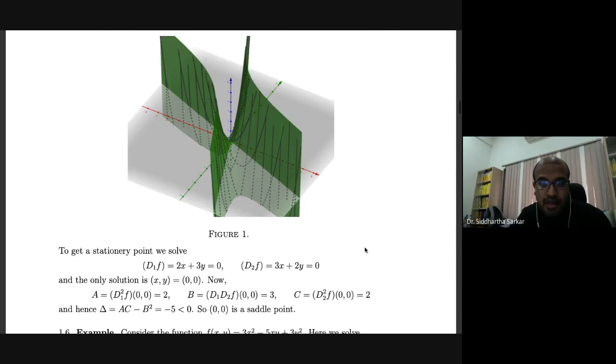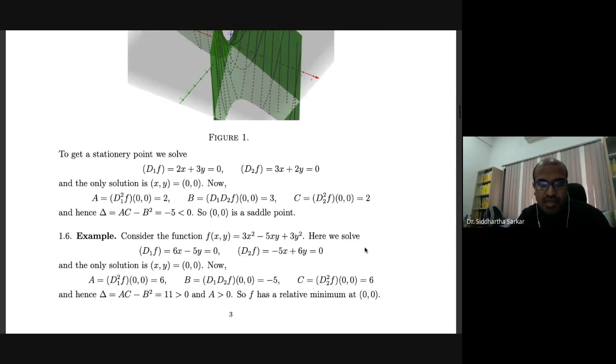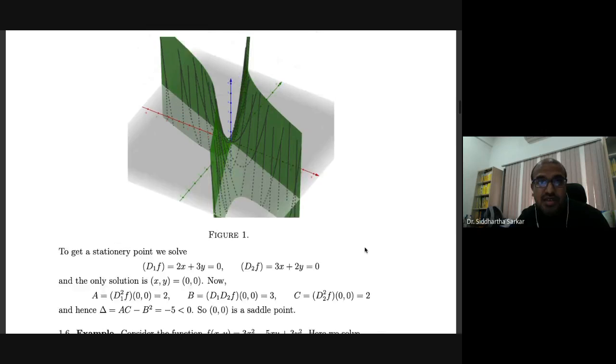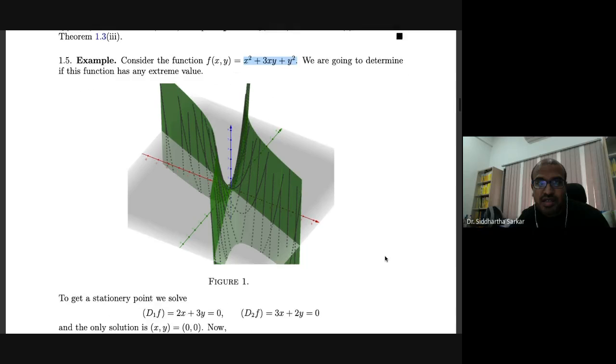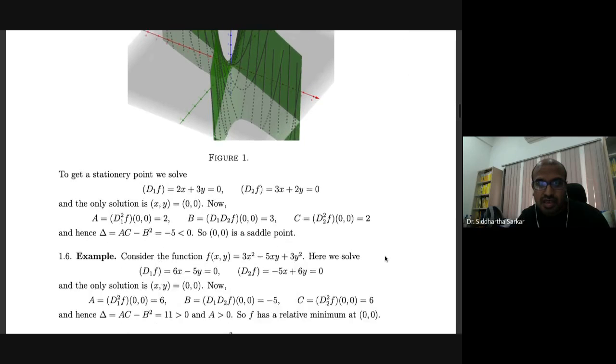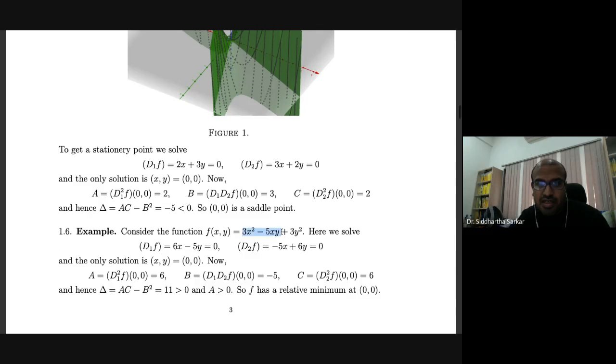Okay, so let's look at another example. If I deviate a little bit from this, change the sign and the coefficients a little here and there, let's look at an equation like this. It's a similar calculation: I equate d1f and d2f to 0 and solve them. I get the origin again. But in this case, a is 6, b is minus 5, and c is 6.